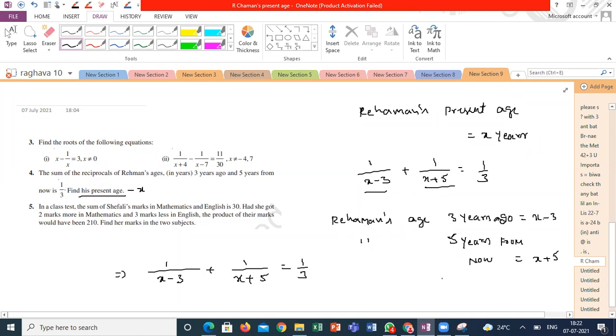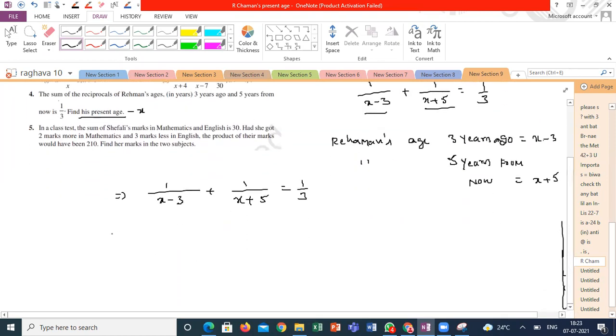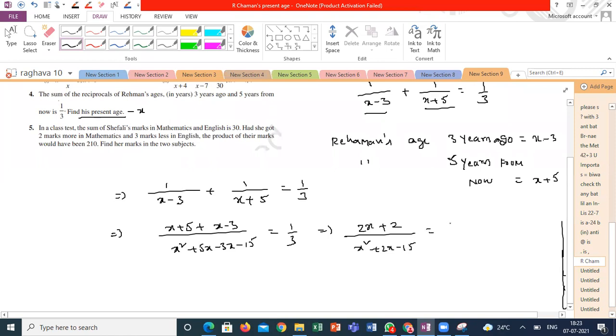Calculate and let me know what quadratic equation you are getting. x plus 5 plus x minus 3, divided by x square plus 5x minus 3x minus 15, is equal to 1 by 3. This will be 2x plus 2 divided by x square plus 2x minus 15 is equal to 1 by 3.